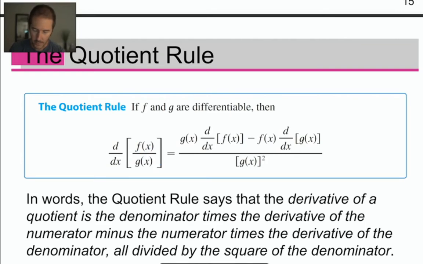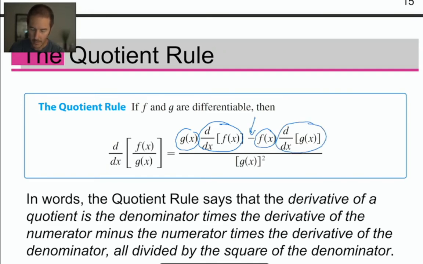And then in the numerator, on the other side of our equal sign, we see the denominator times the derivative of the numerator minus, this time, and then they switch, it's the numerator that's untouched times the derivative of the denominator.